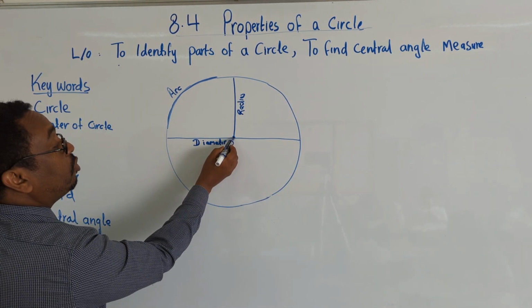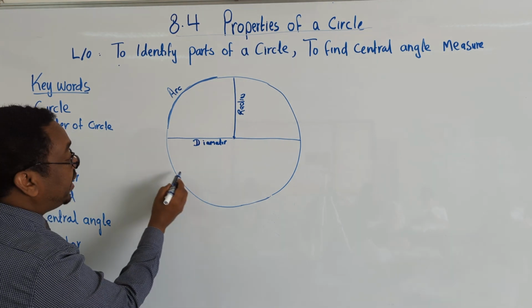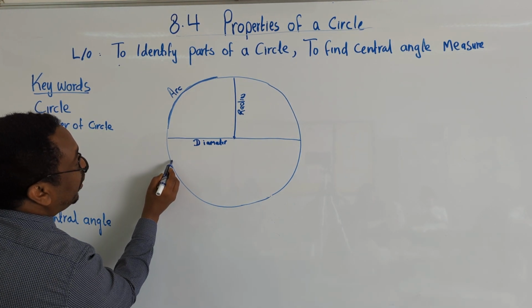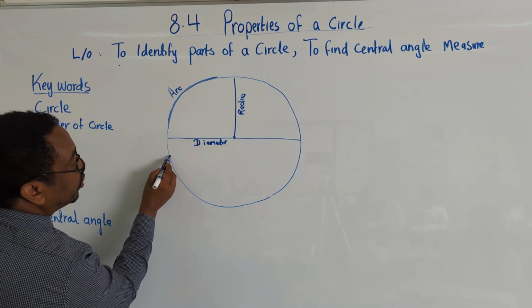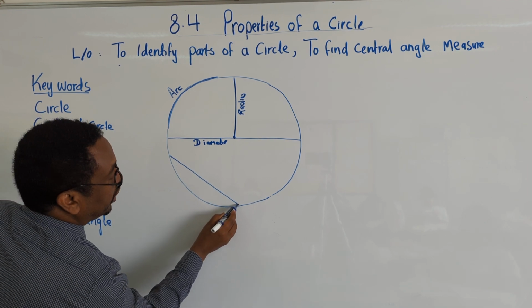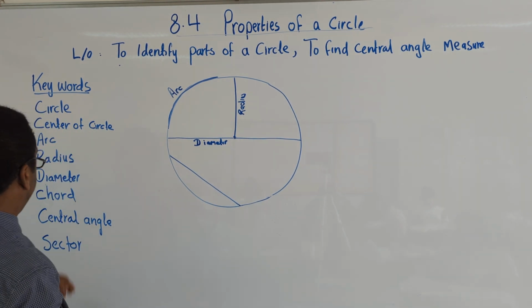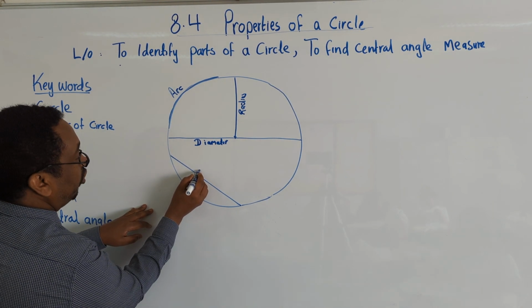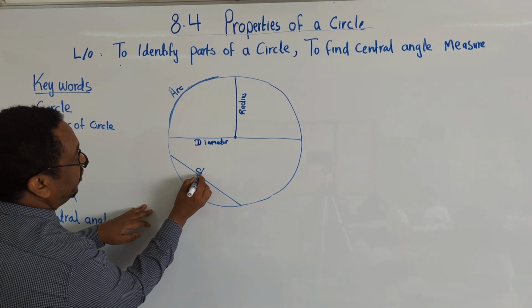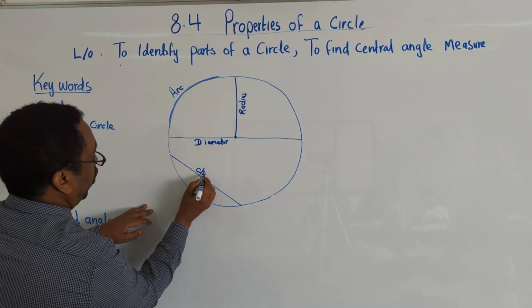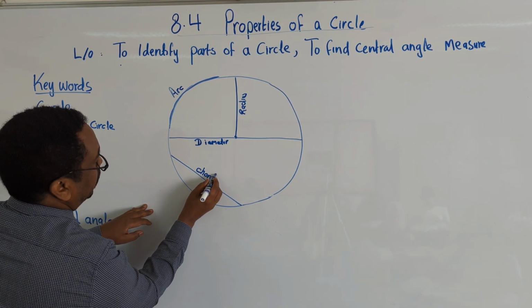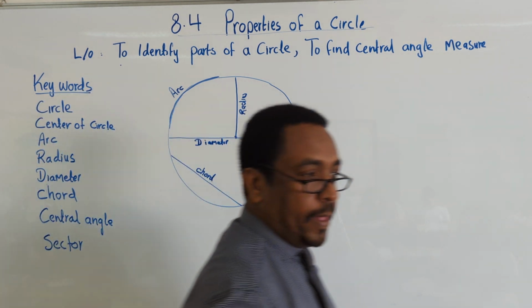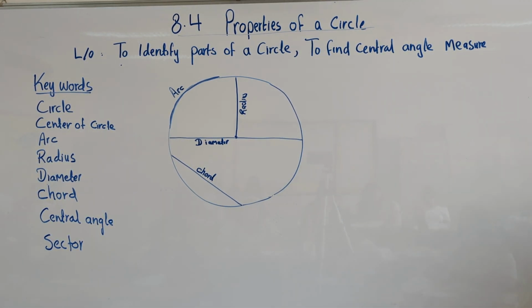As long as it doesn't go through the center point and it touches two corners, we will call that the chord. So this line is the chord. Are you guys happy with that? So write down the chord as well. You all get that? Yes. Alright, so we get the chord.